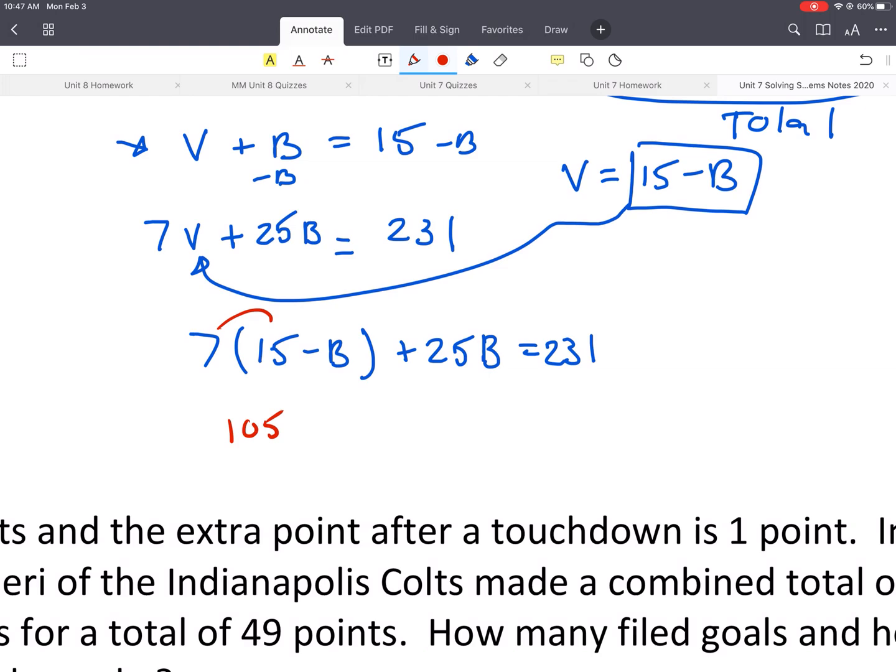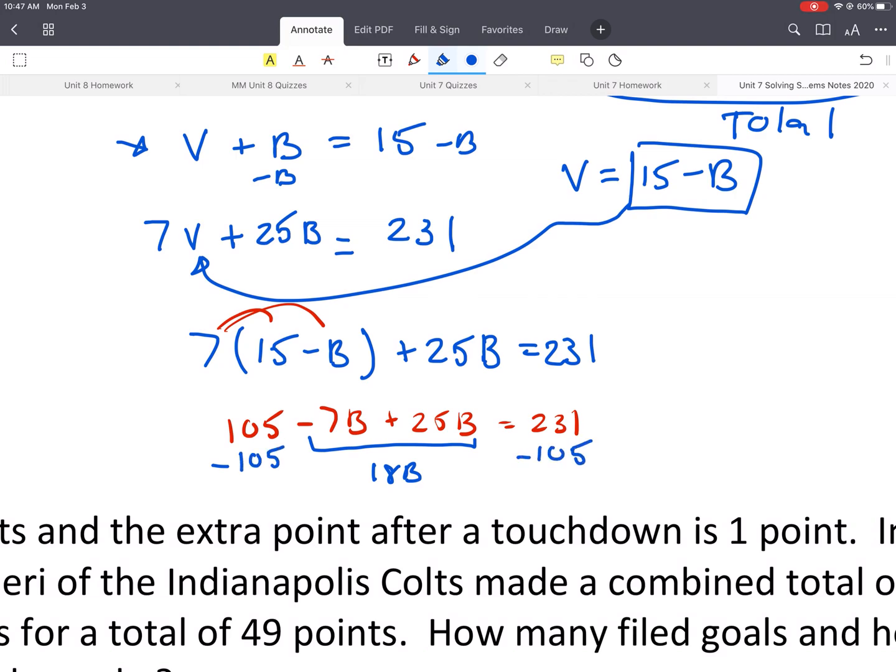Yeah, 105, and then minus 7b plus 25b is equal to 231. Combine like terms, and that gives us 18b. And then we can also subtract 105 from both sides. And we'll get 18b is equal to 231 minus 105 is 126.